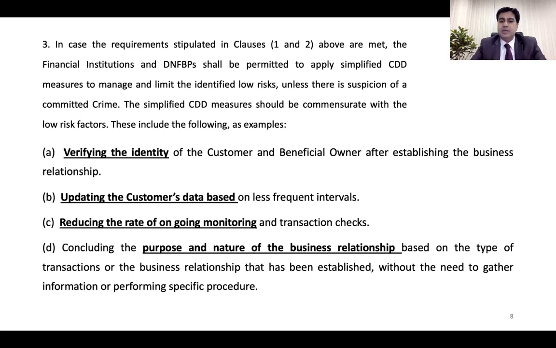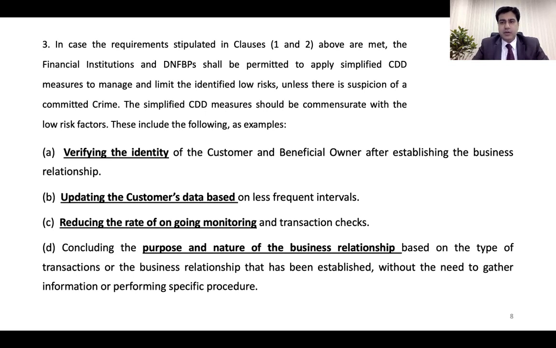Updating customer database at less frequent intervals. So I can update the information with less frequency. I'm not going to do everything every year. Maybe I can take a risk-based approach that I will verify these things once the trade license is expired.